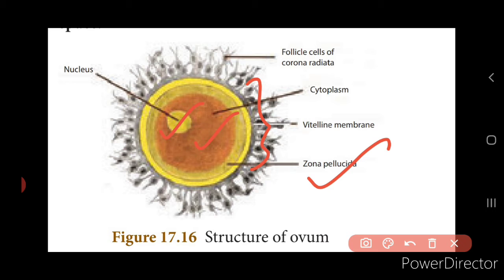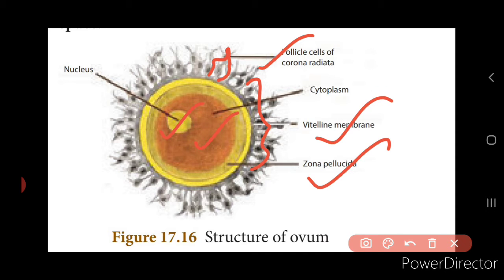This corona radiata is formed of the follicle cells, the follicle cells that we have heard about, isn't it? Now these are the follicle cells. Here you can see a fiber-like structure, and inside it you can see round cells, which are called the follicle cells. The membrane forming the surface layer, that is the outermost layer, is called the vitelline membrane.